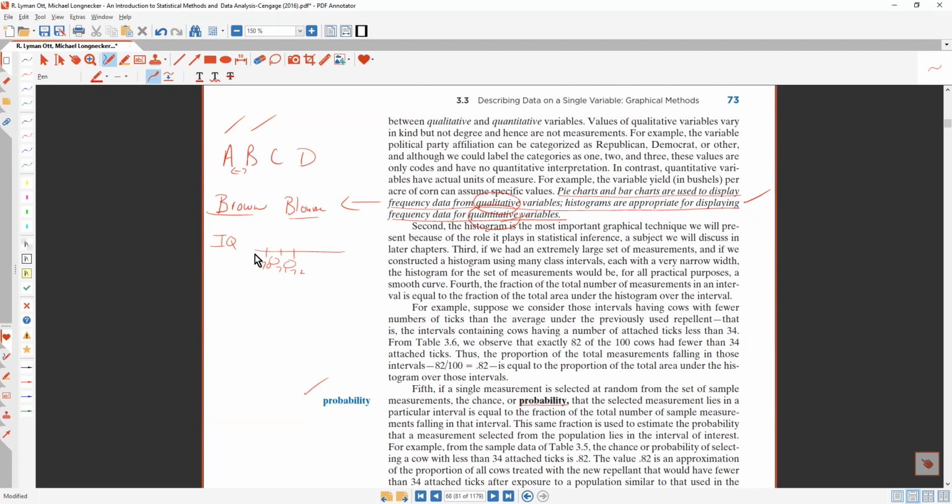Again, though, when we really crunch these distinctions, we get into a lot of trouble. Because look, if I do this: 1, 2, 3, 4, 5, and I call that your pizza preference. How much do you like pizza? Do you like it a lot, or only a little bit? Well, what is this? Is this a qualitative variable or a quantitative variable?